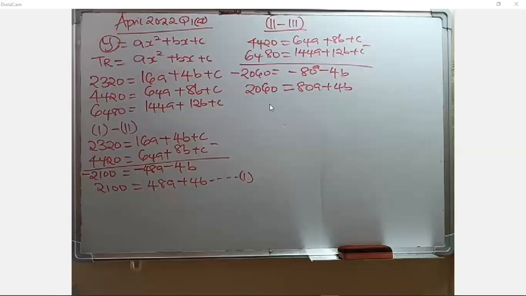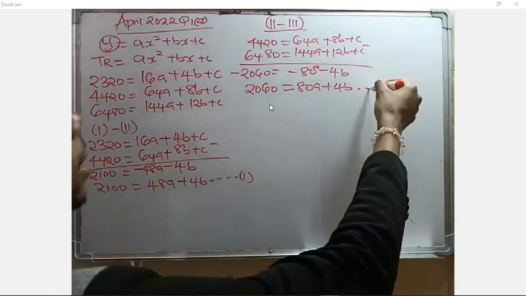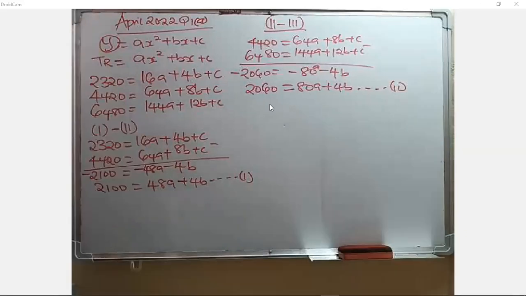Can you identify up to 2060 where we have reached right now? Very good. So this one becomes our second equation. Now combine equation 1 with equation 2.